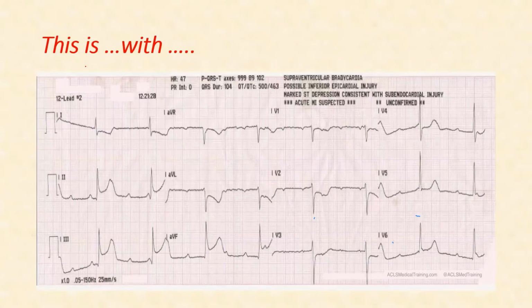ST elevation in 2, 3 and aVF. Okay. Very good. ST depression in lead 1 and aVL. Okay. Good. And what else? ST depression in V2 and V3. Very good. So, what's the diagnosis?